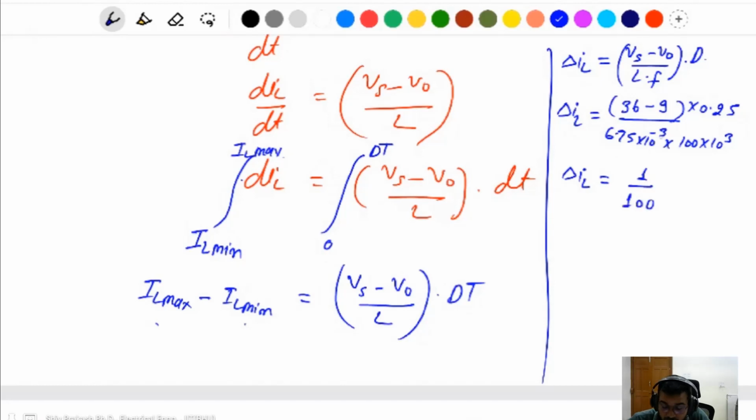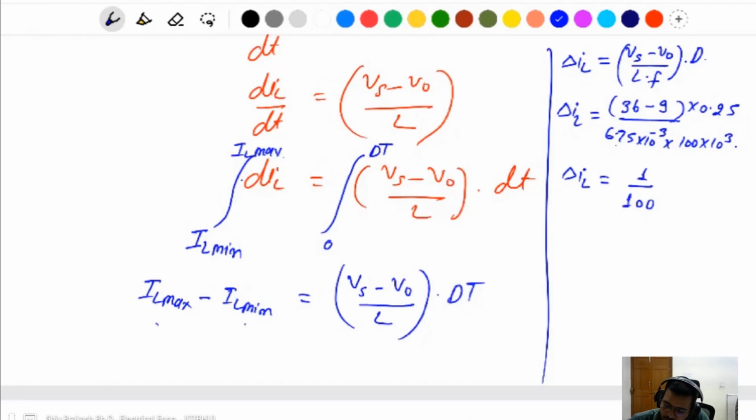The 10 to the power minus 3 and 10 to the power plus 3 cancel out, and the 6.25 value will be cancelled out.